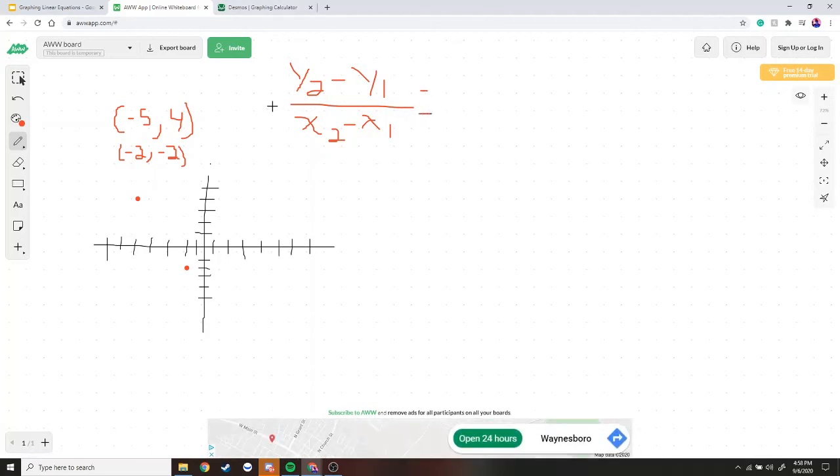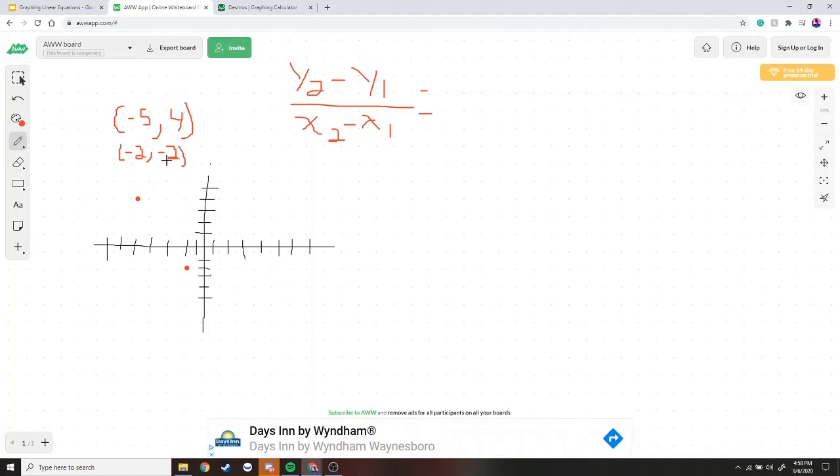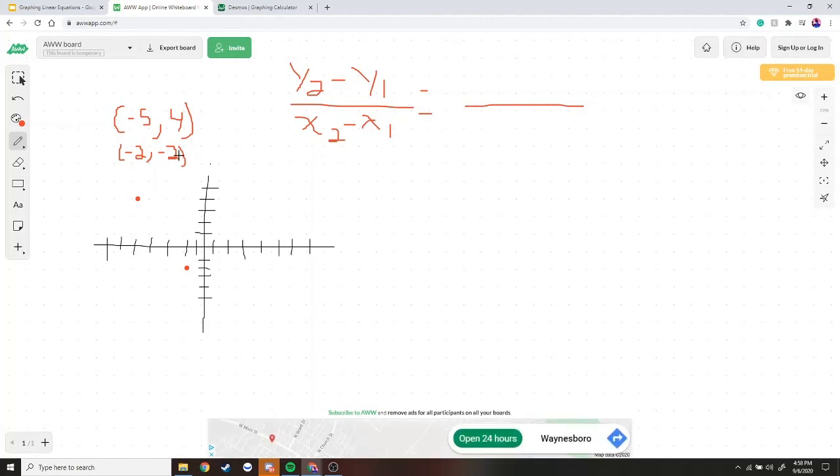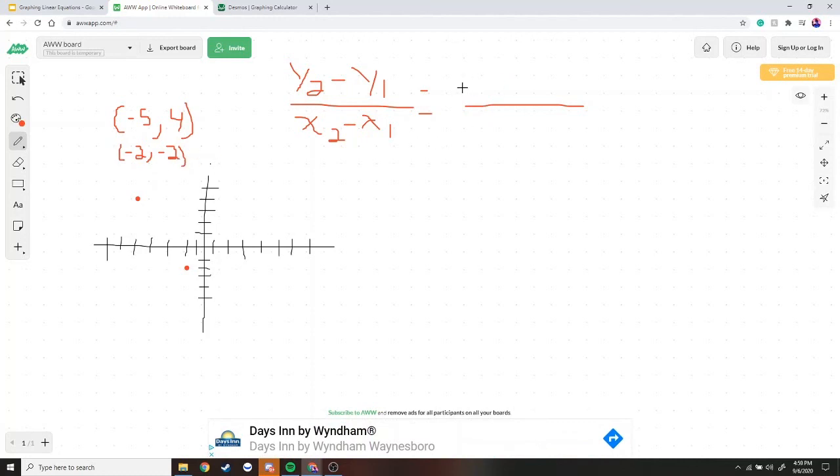So what's going to happen is we're going to be plugging these points into here. So our y2, it doesn't matter which order you put it in. I'm going to go with our y2 being this, the second point as our bottom set. So we have our -2 right here, and our y1 is 4, but it's negative, so it's going to be -4.